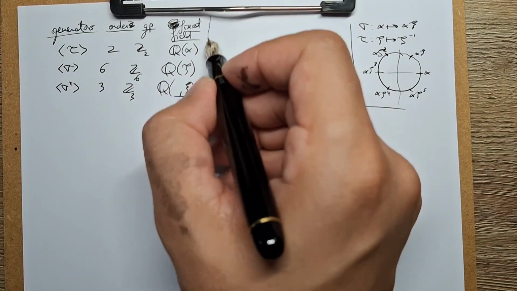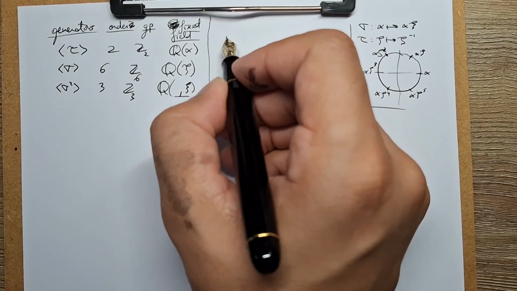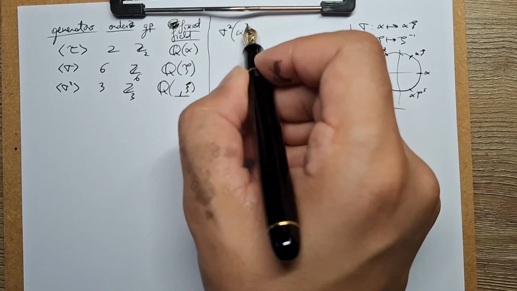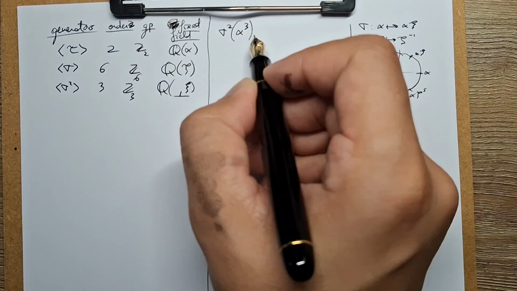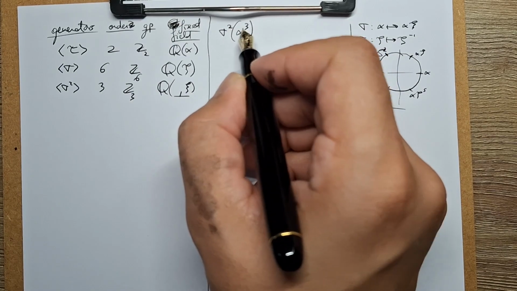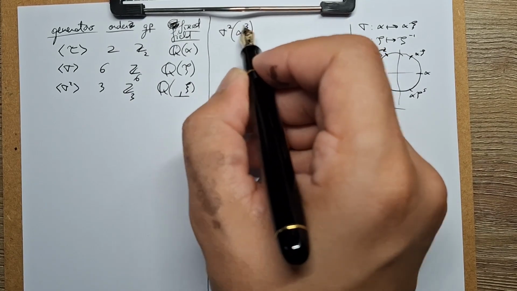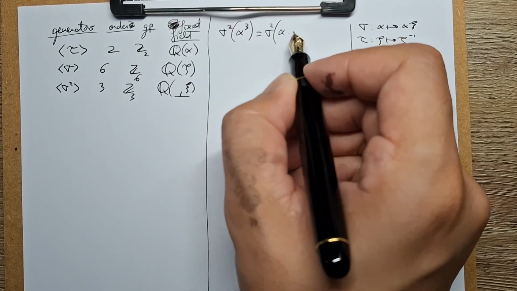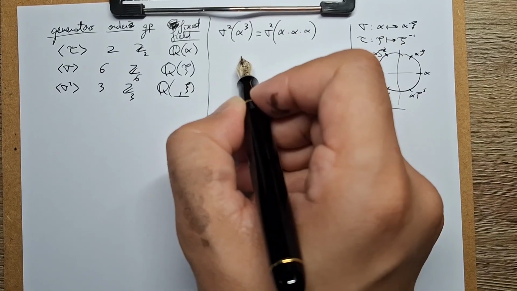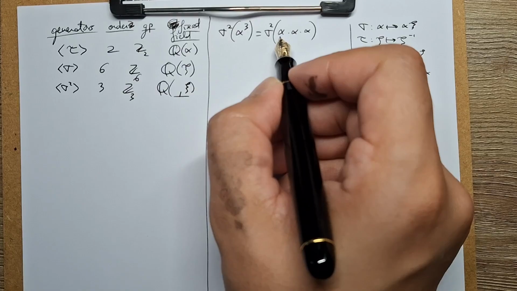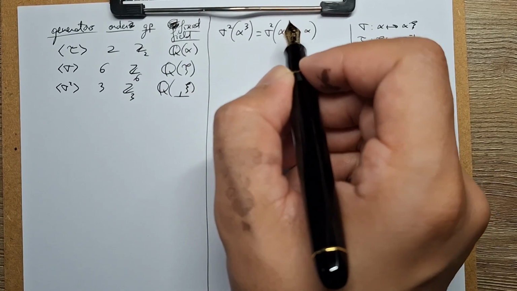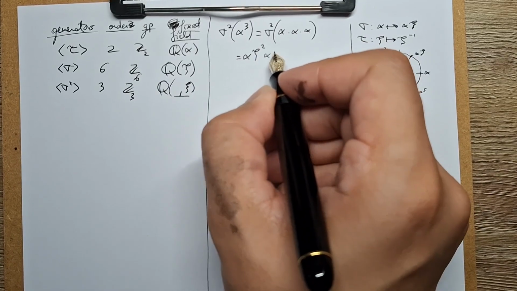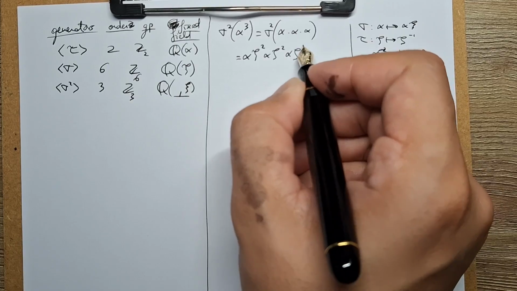But there is more. What happens if we apply sigma squared to alpha to the cube? This is the same as applying sigma squared to alpha multiplied by alpha multiplied by alpha. When you apply sigma squared, each of those alphas becomes alpha multiplied by theta to the power of 2. So we have alpha theta squared, alpha theta squared, alpha theta squared.